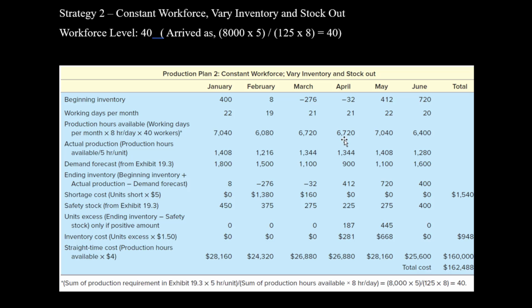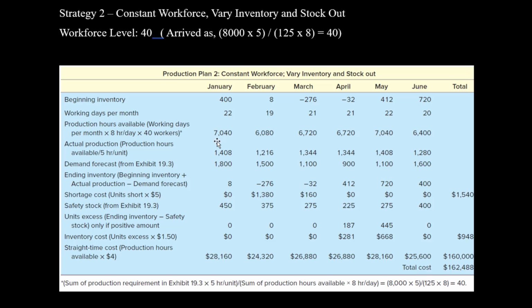So to start with, in January we have 400 units as inventory, which is already given to us. 22 working days are available, so 22 into 8 hours per day per worker, and we have 40 workers, so the total work hours available in the entire month is 7040.